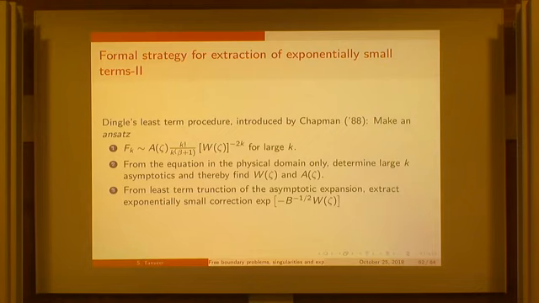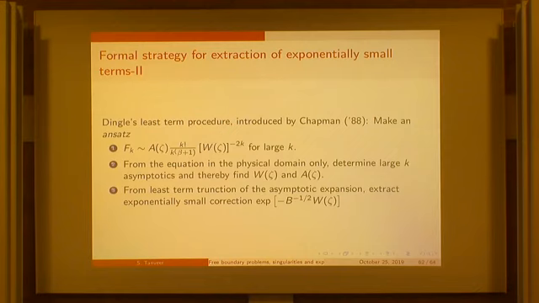Okay. You plug it into the equations and then do large k asymptotics and then end up getting equations for W and A. This W turns out to be precisely the same W that I talked about before. Then from least term truncation, this is Dingle, Michael Berry, and collaborators, they have all done this to perfection.